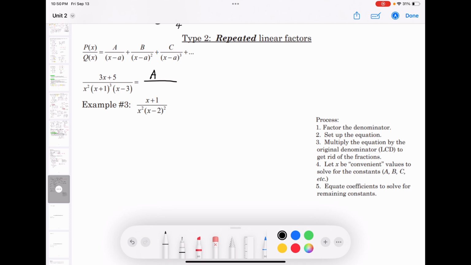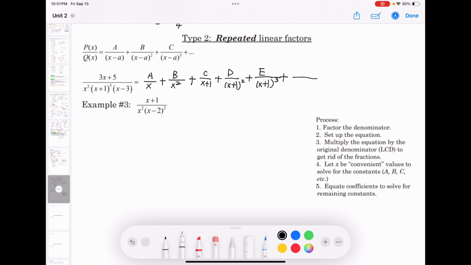So the first fraction is A divided by x, and then plus B divided by x squared. Okay, I meet my power 2. Let's continue to find my second factor, which is x plus 1 cubed. So we have C over x plus 1, then plus D divided by x plus 1 squared, and then plus E divided by x plus 1 cubed. Yes, I meet the power 3.